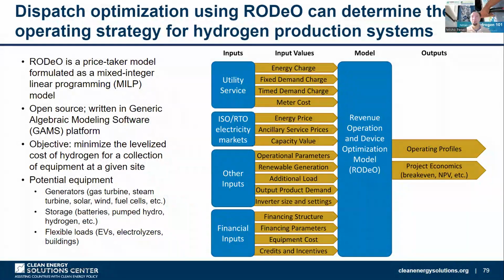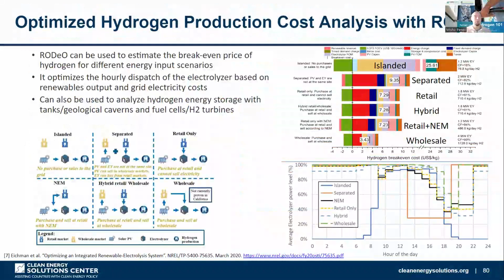It gives you a way to minimize the cost of hydrogen and figure out how to dispatch the electrolyzer so that you get the lowest costs, you minimize the amount of storage that you need for hydrogen, and at the end of the day, provide a smooth offtake of hydrogen for various uses. In the next slide, I have a brief example of what this looks like.